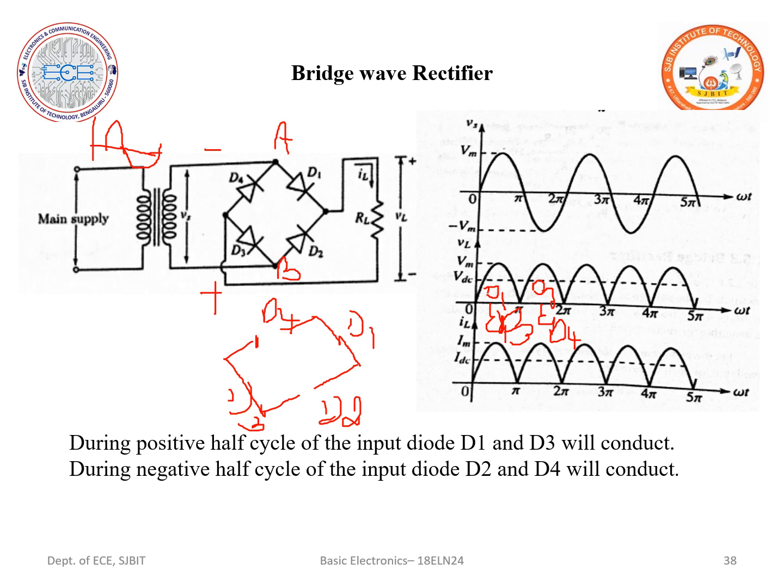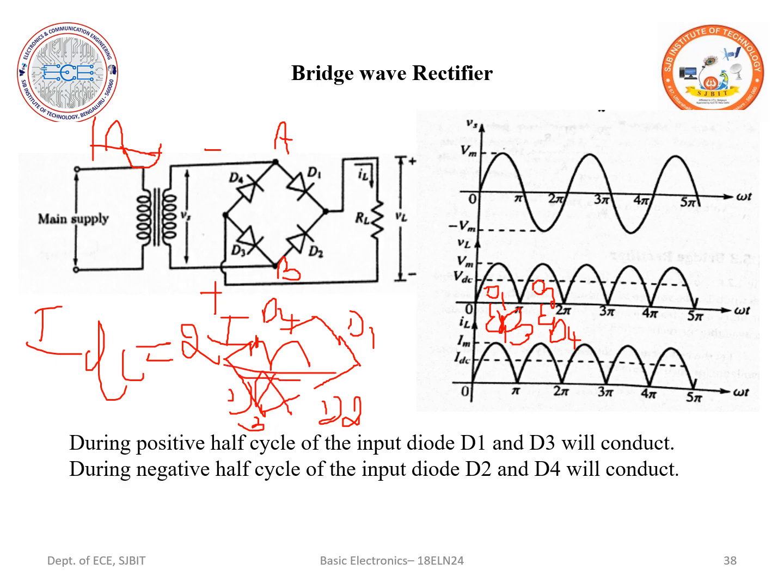Now, coming to the average voltage and average currents, whether it is average current or DC current, we call them one and the same. So for the IDC or I average, the very same expression holds good for the bridge wave rectifier, that is, IDC is equal to 2Im by pi, right?